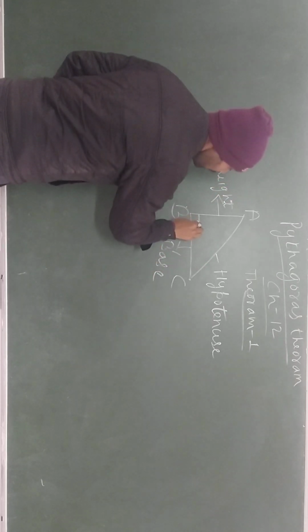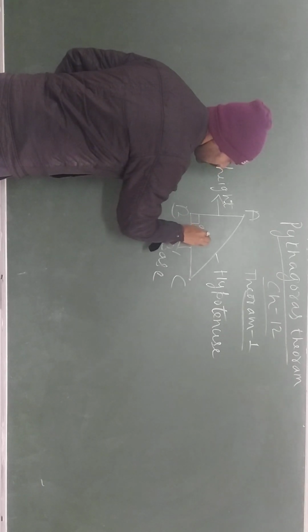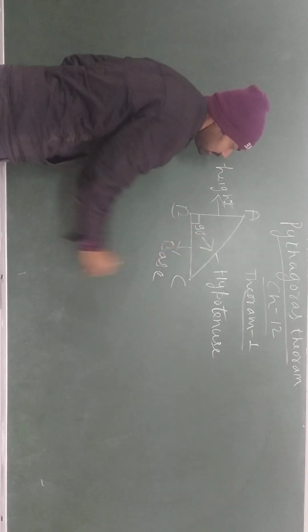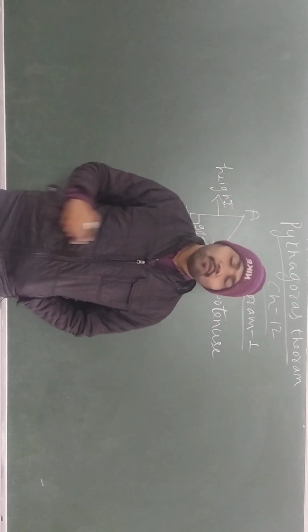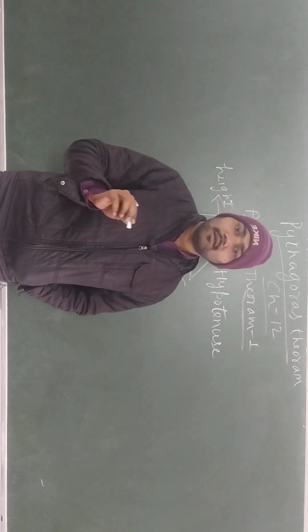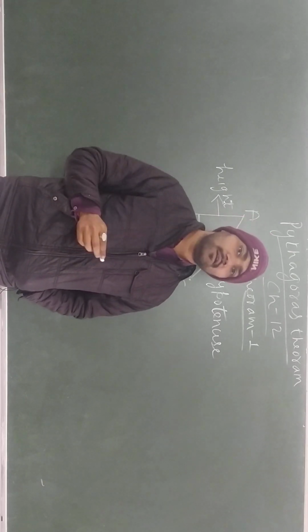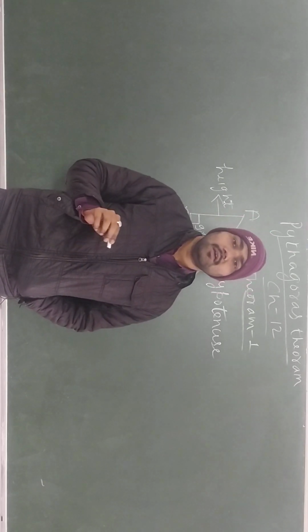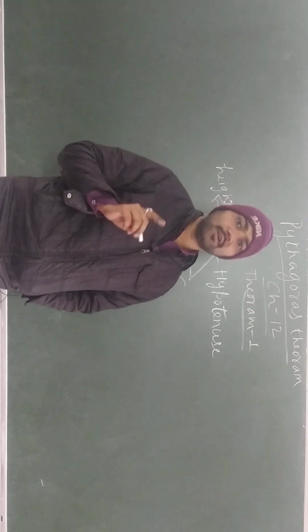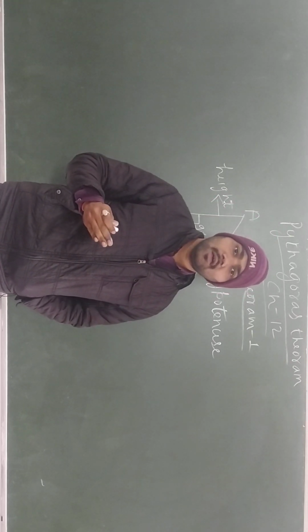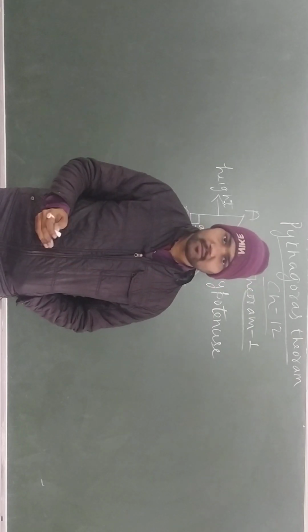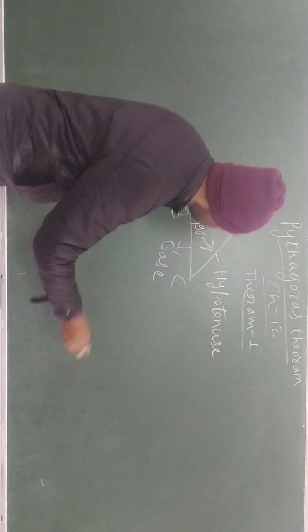A side opposite to the 90 degree angle is called hypotenuse. In any right angle triangle, the side opposite to the 90 degree, that is the right angle, is called hypotenuse. Always remember this. I have explained this point many times during the offline classes, so I know you all are much aware of this.